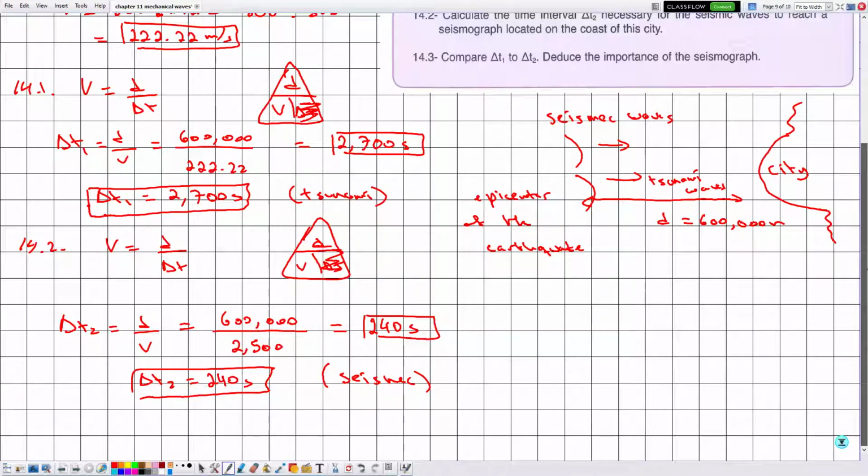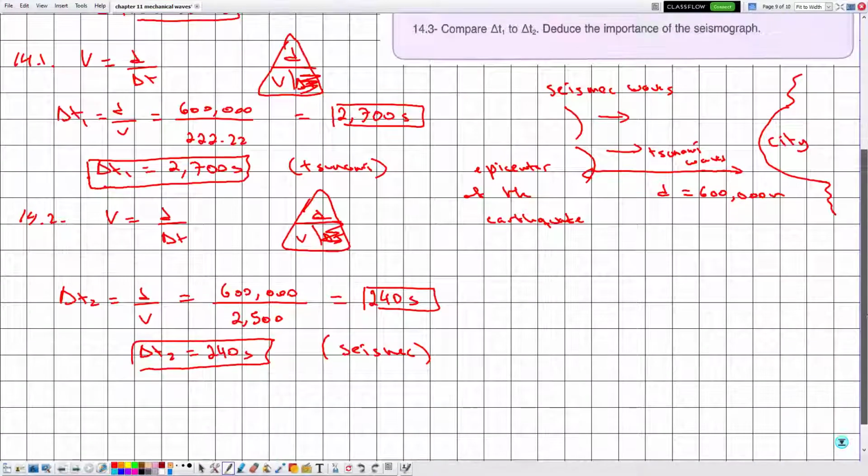Now in 14.3 they are telling us to compare delta t1 to delta t2, and by compare we need to specify if one is greater, equal or less than the other. Delta t1 is equal to 2700 seconds, and delta t2 is given by 240 seconds.